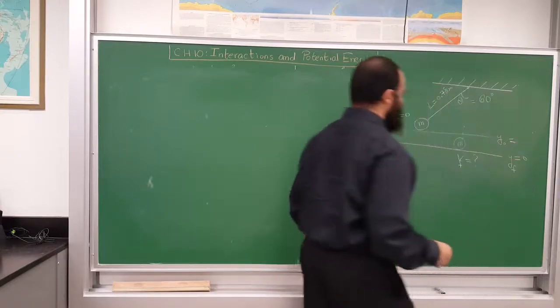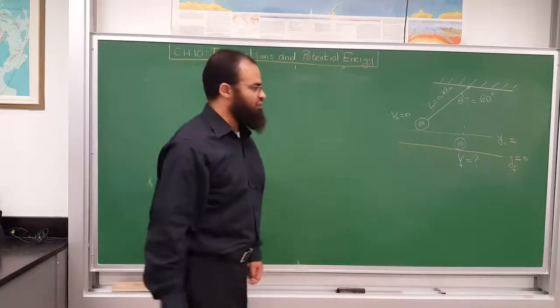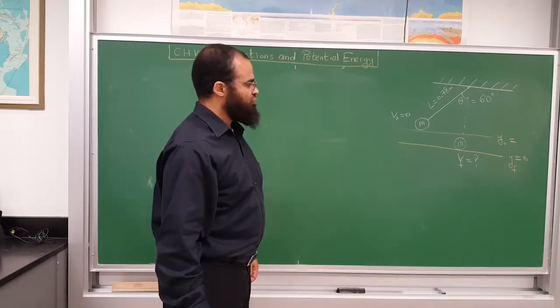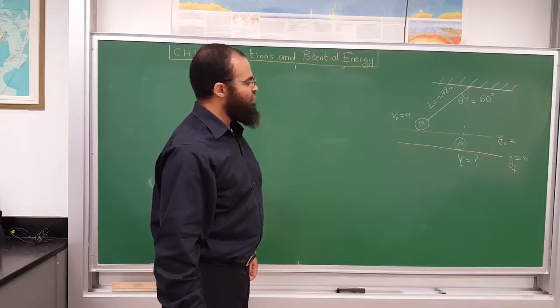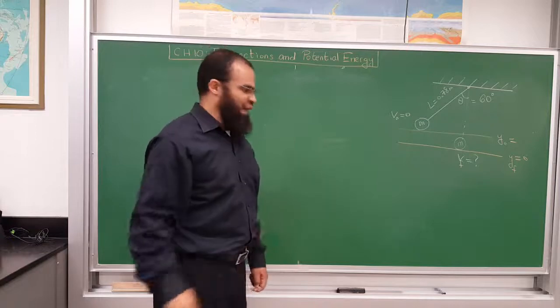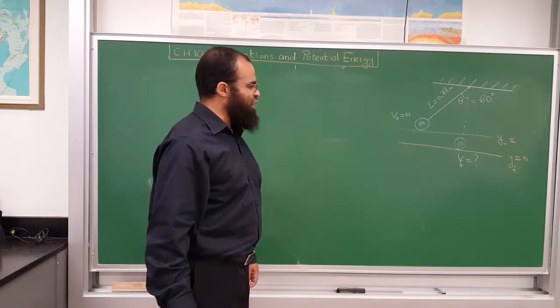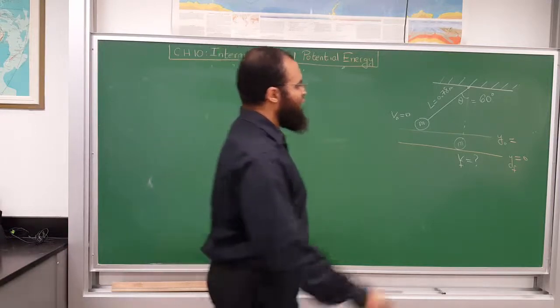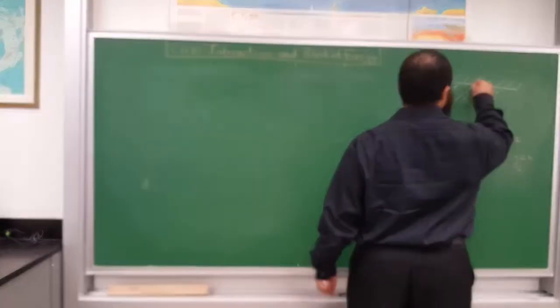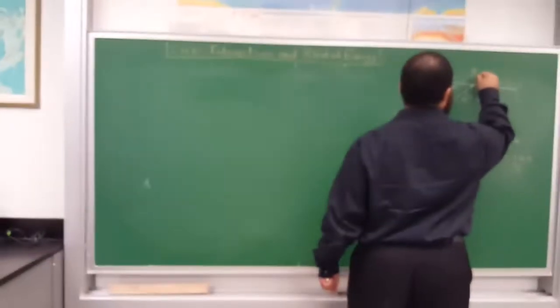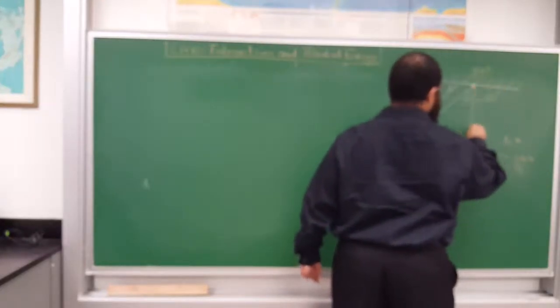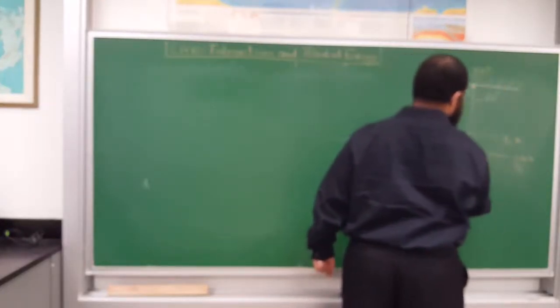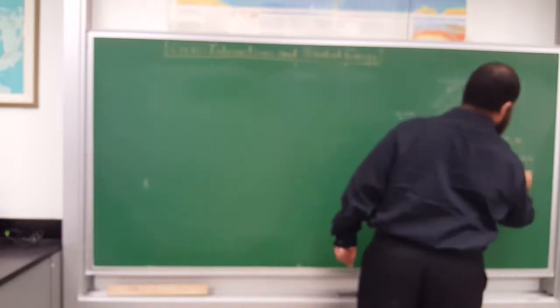I have to figure out what y initial is. Actually, I take it back. It's probably easier to do it this way. I'm going to define y equal to 0 here. y equal to 0 is there. So what would y initial here be? And what would y final be?